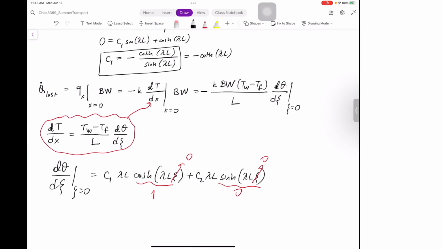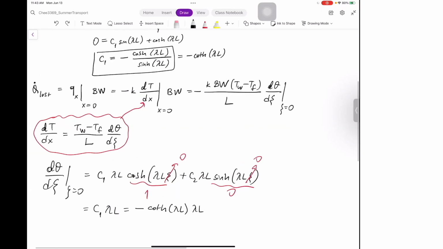We just get C1 lambda L, which is basically minus cotangent hyperbolic lambda L times lambda L, from here.